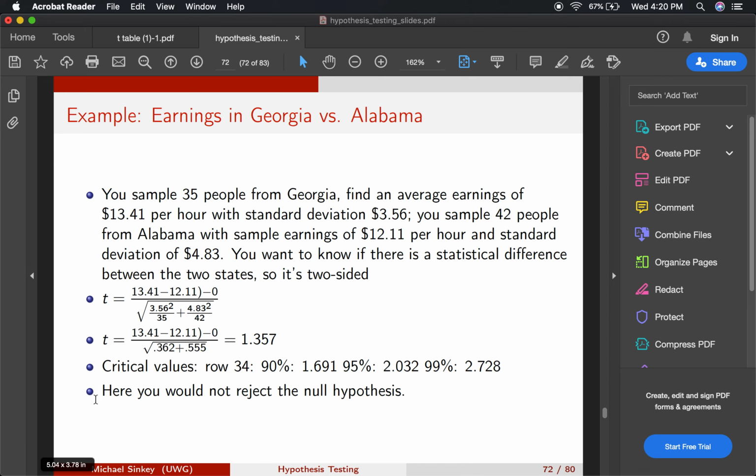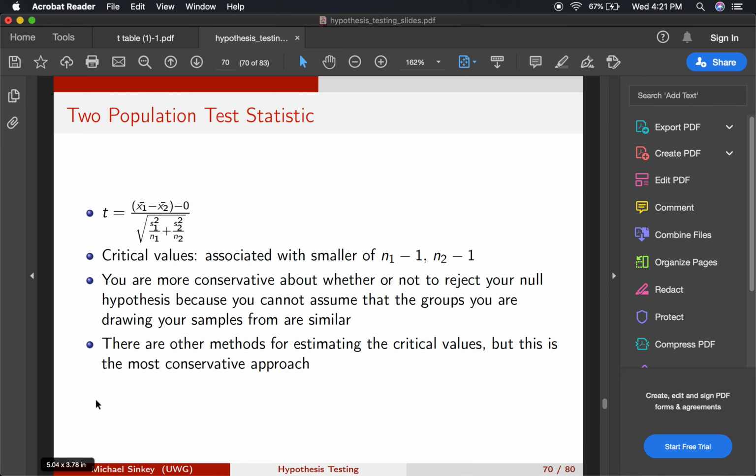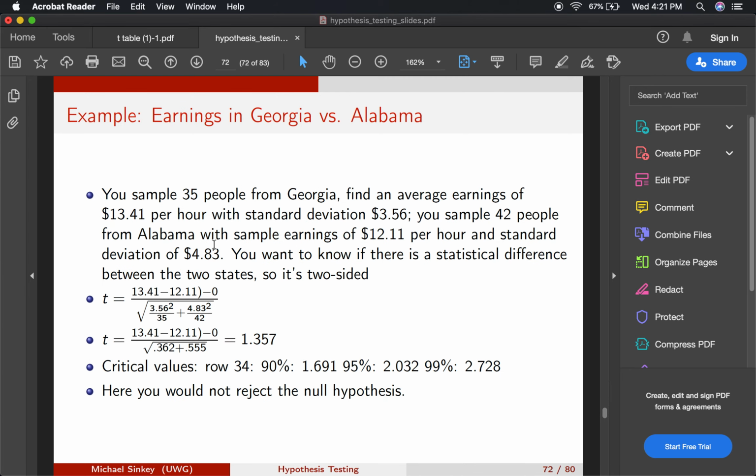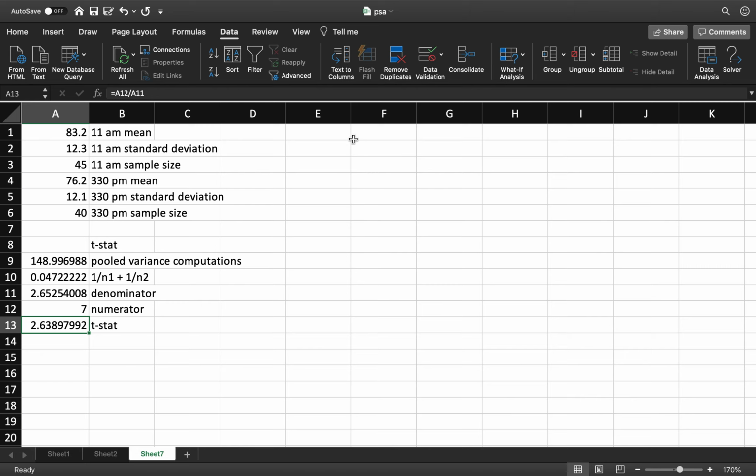That's why we're testing this hypothesis, because the $1.30 may not be enough. Okay, so let's try it out. Here's the test statistic, difference between the two groups in the top, and we've got the dispersion and the sample sizes in the bottom. Okay, so let's go back to Excel.